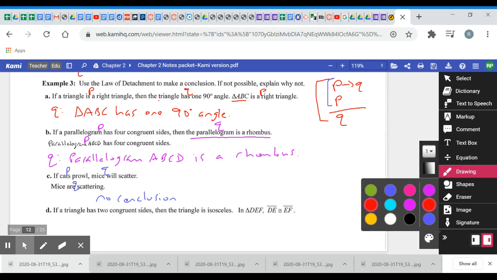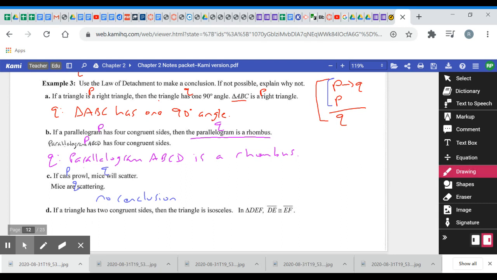All right, next one is if a triangle has two congruent sides, so that's my P, then the triangle is isosceles, that's my Q. And if you think about what isosceles means, that's probably something you've gone over in past years. Isosceles triangle is a triangle that has two congruent sides. Okay, so now in triangle DEF, we're talking about a specific triangle.